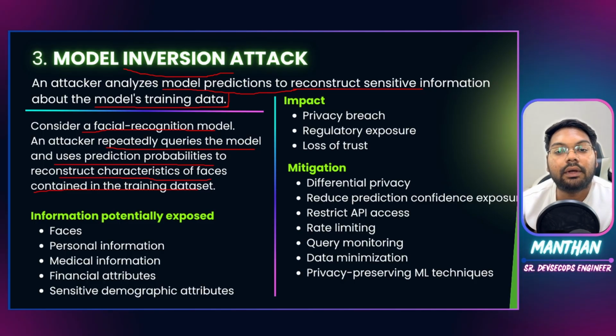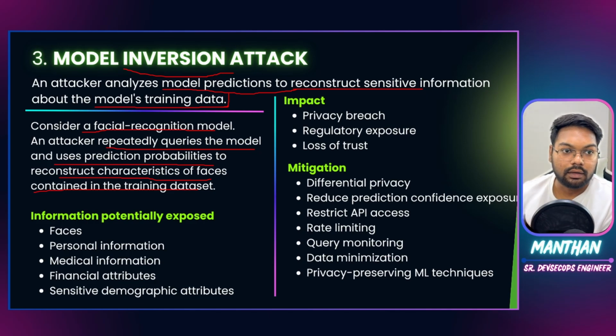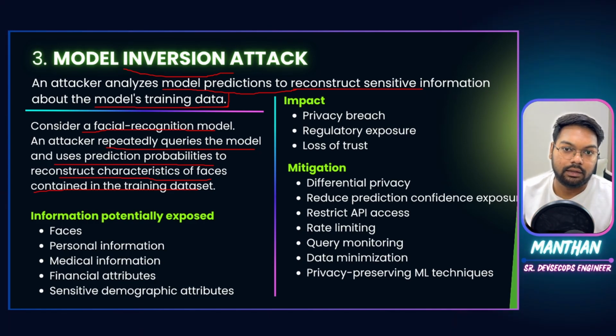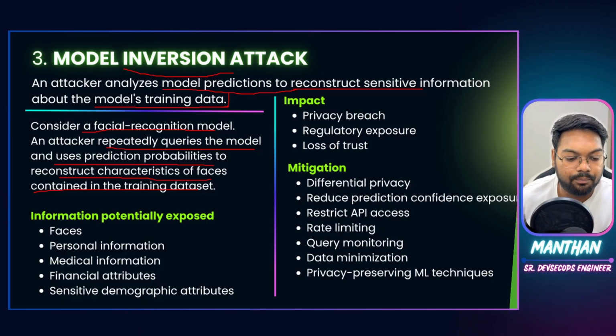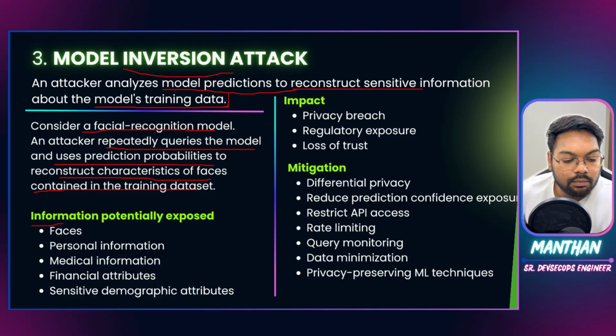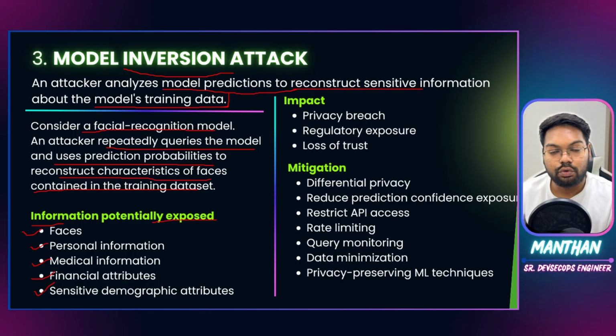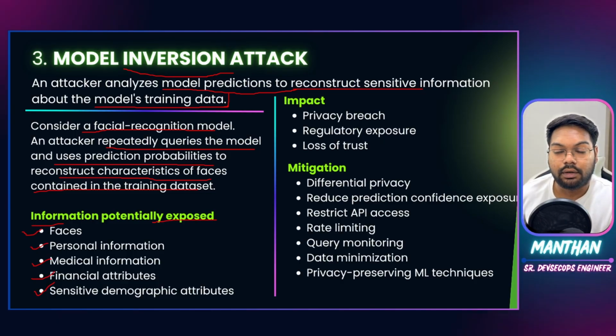So that is a kind of exposure of this mechanism. Someone could back-propagate and train, or extract certain information that is required by them. So information potentially exposed includes faces, personal information, medical information, financial attributes, and sensitive demographic attributes. And then these could be used to attack in certain countries and cases, something like that.